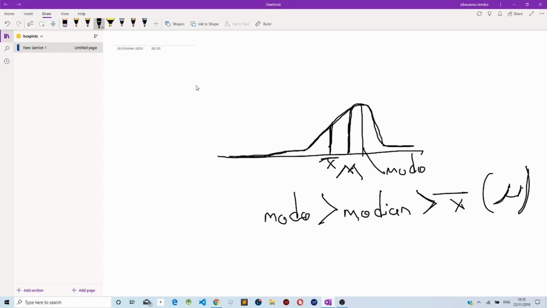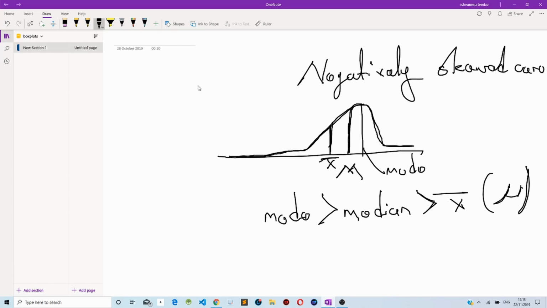So this is a negatively skewed curve. Or we can also say this is skewed to the left.